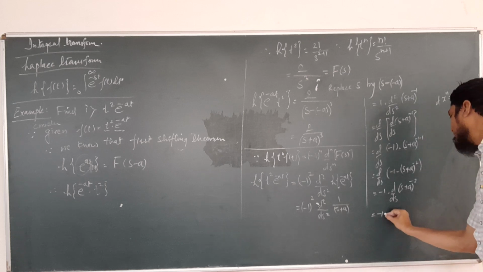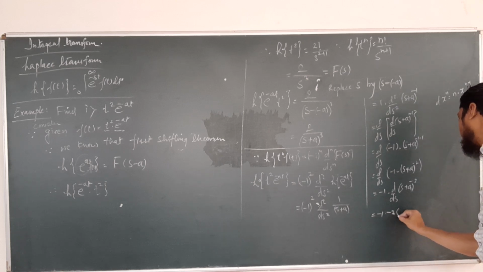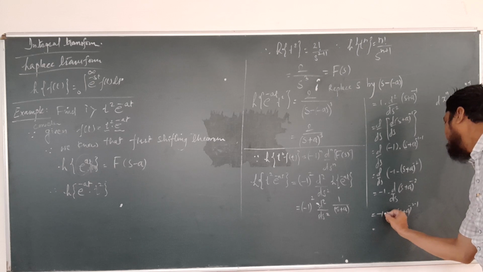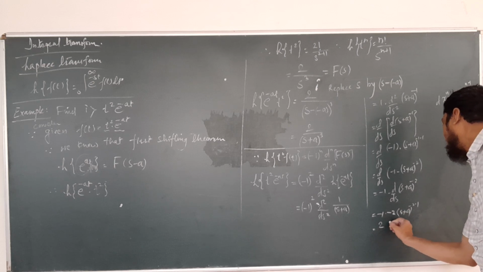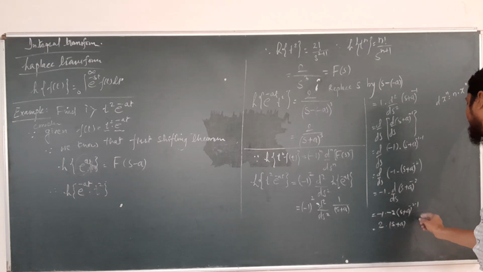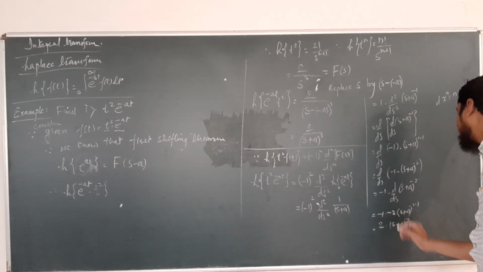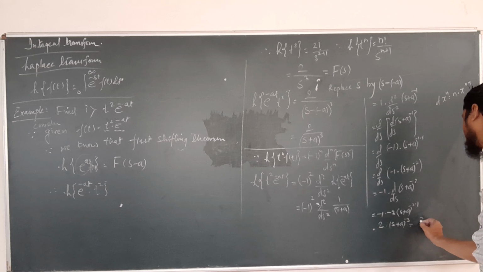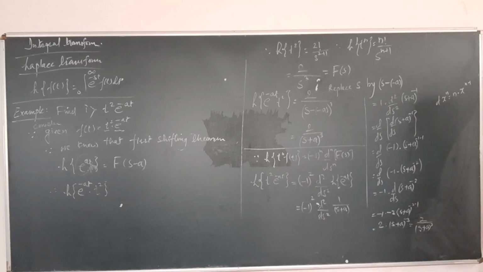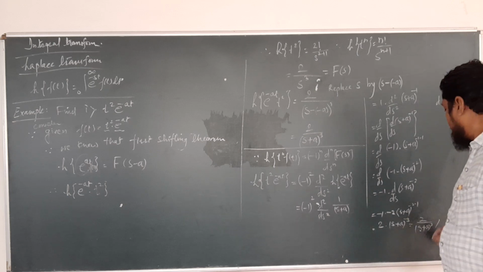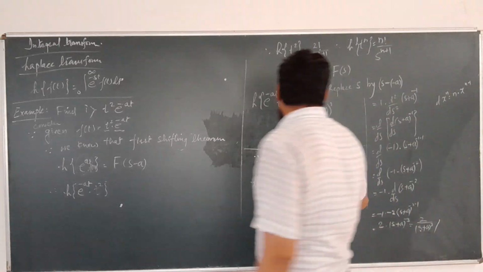So we will get minus 2 (s plus a) raised to minus 2 minus 1, and minus 1 into minus 2 becomes 2, and (s plus a) raised to minus 3. So we can write it as 2 upon (s plus a) cubed, and it is the same result with this method.